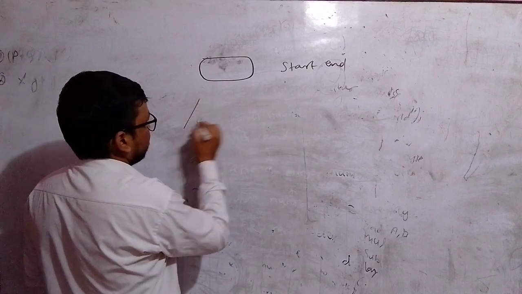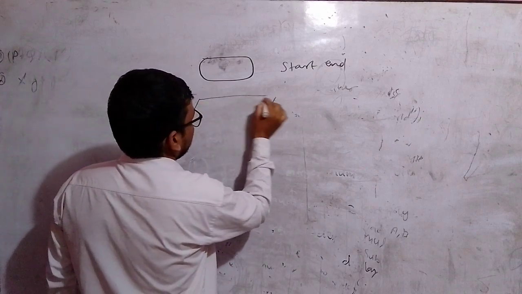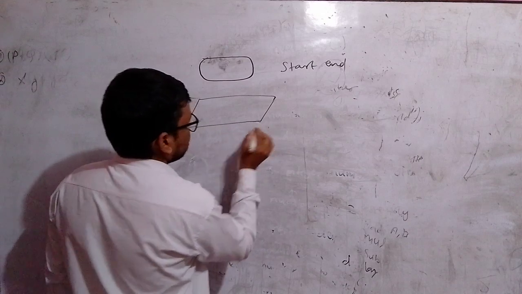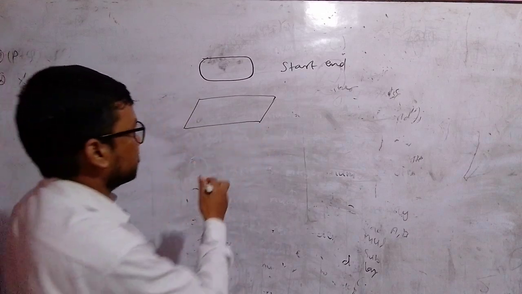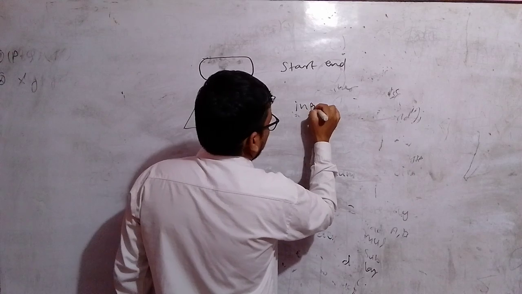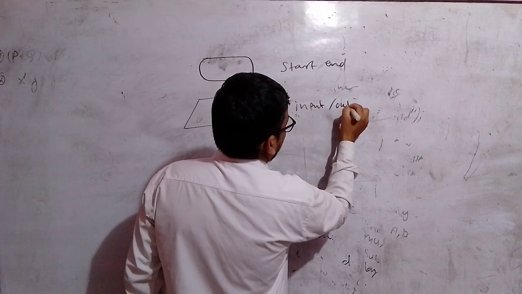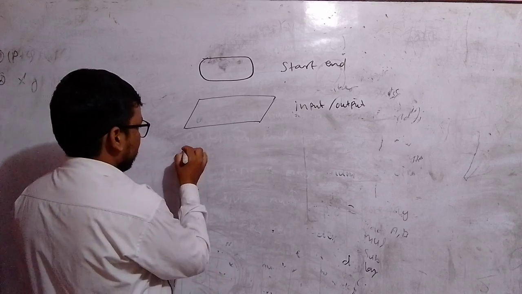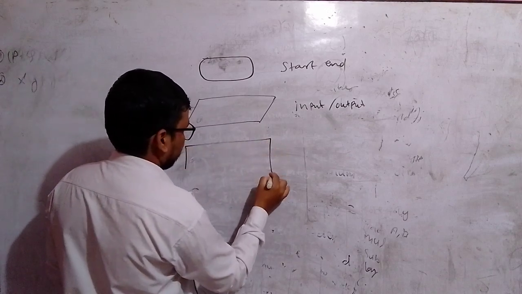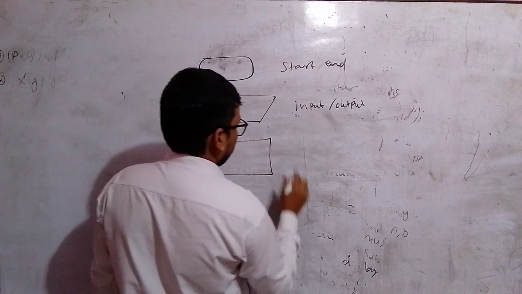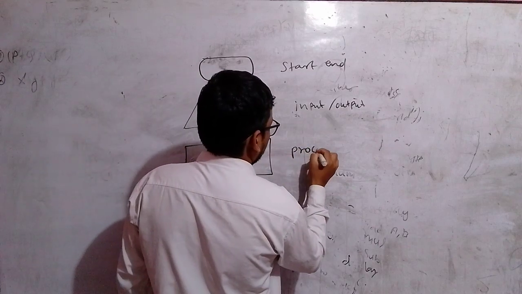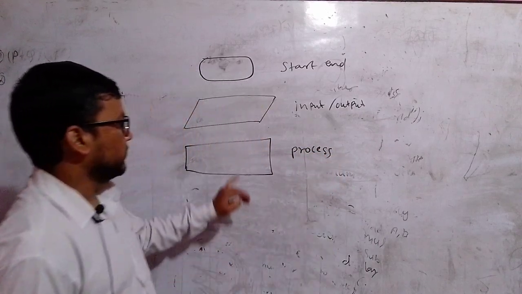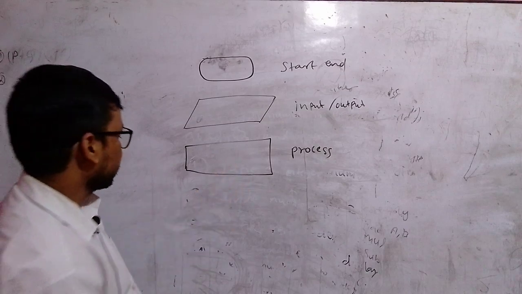Parallelogram: this figure represents the input and output. Rectangle: this rectangle represents the process.